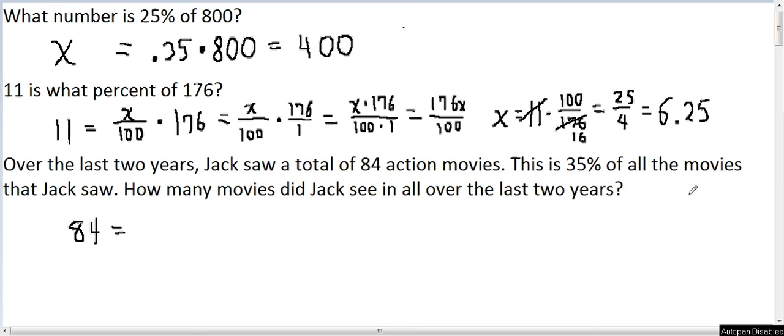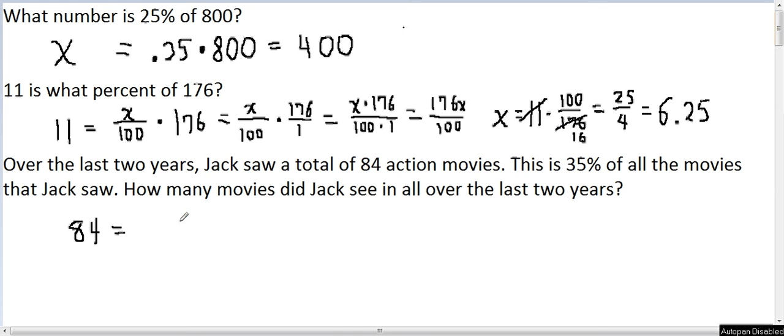And since we're looking for the total number of all the movies that Jack saw, let's use X to represent this quantity. Then, if we take 35% of that total number of movies, then we end up with 84, the total number of action movies that Jack saw.